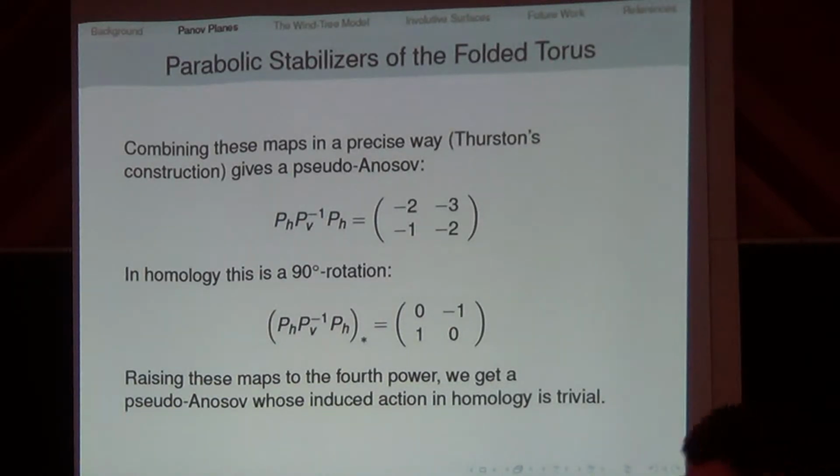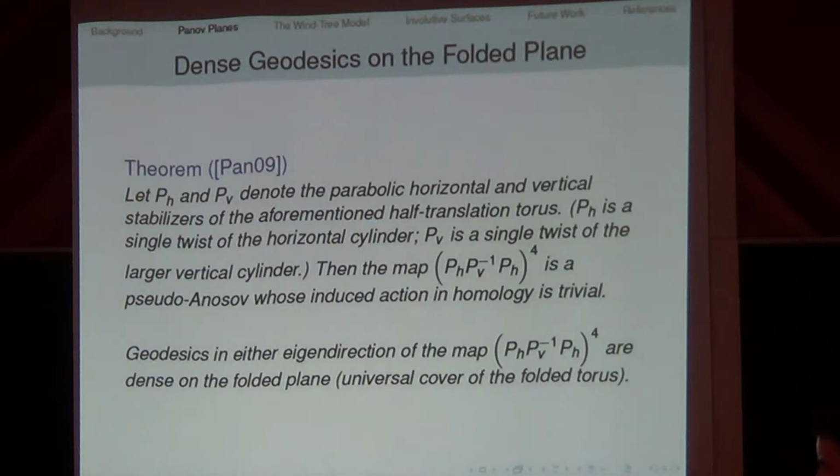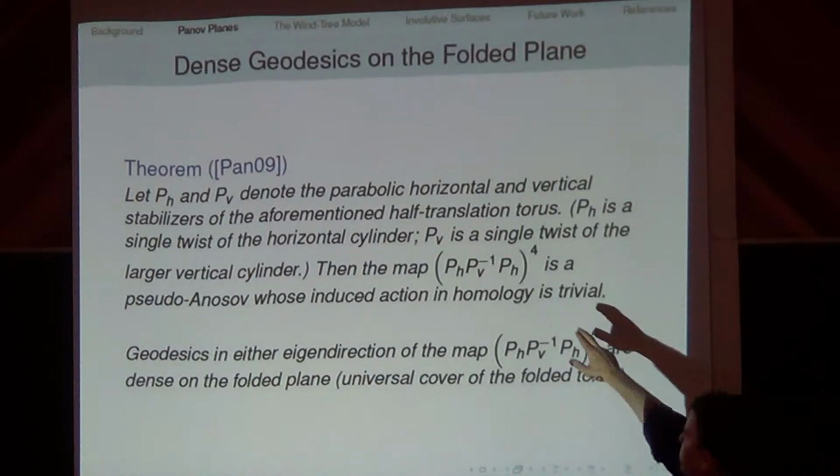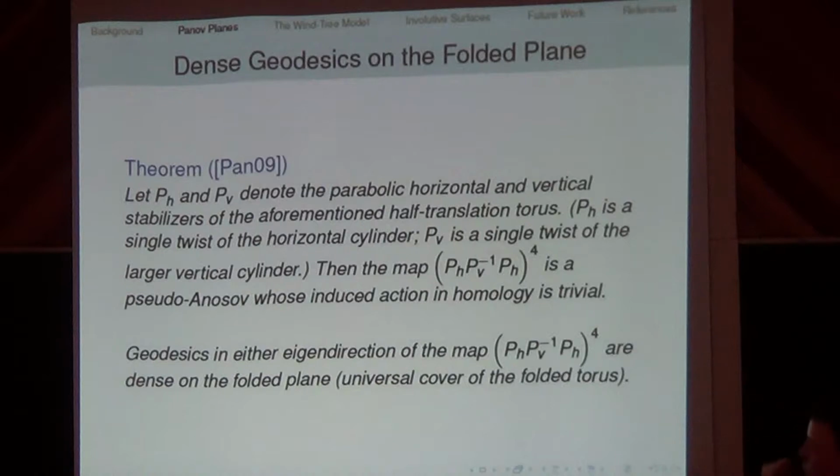That 90-degree rotation is really important for proving this theorem of Panov's that if you look in the eigendirection of this pseudo-Anosov, then the geodesics on the universal cover, on this half-translation plane, are dense in the plane.